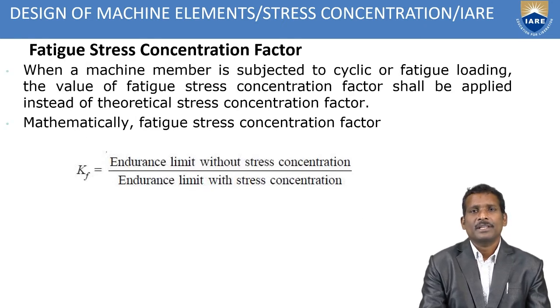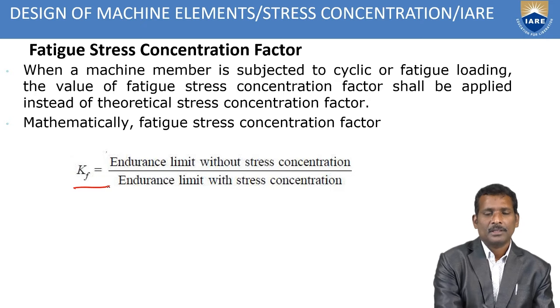See, another one is the fatigue stress concentration factor. When a machine member is subjected to cyclic loads, that is, repeated loads, fatigue failure will occur. So the value of the fatigue stress concentration factor shall be applied instead of the theoretical stress concentration factor.